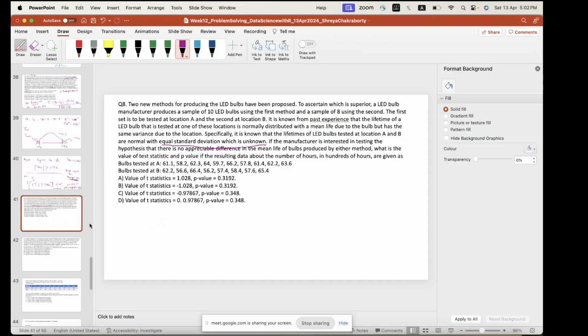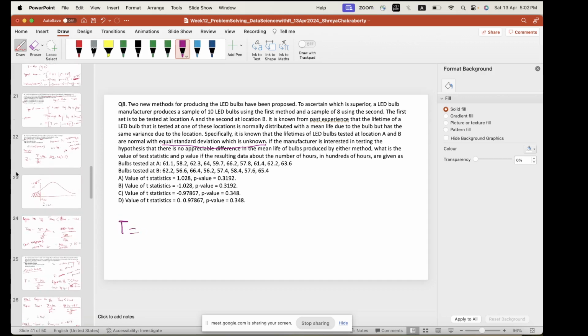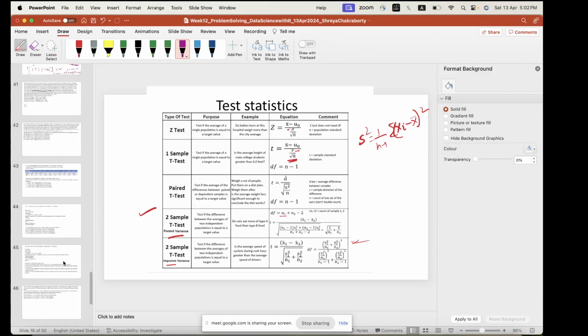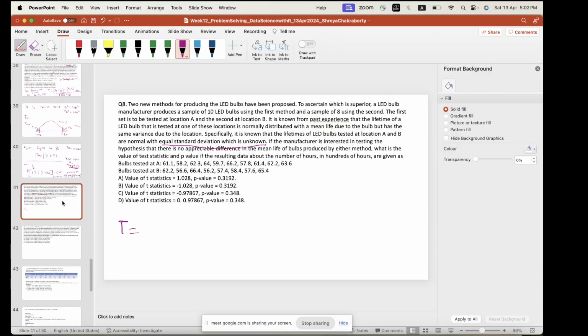So the test statistic is how much? Like we mentioned, it should be this one: xA bar minus xB bar minus mu1 minus mu2, which under H0 is 0, so we are not writing it. H0: mu1 minus mu2 equal to 0 versus H1: mu1 minus mu2 not equal to 0.